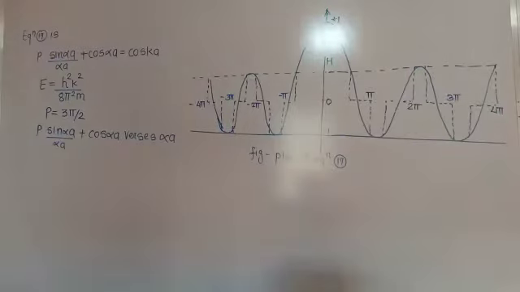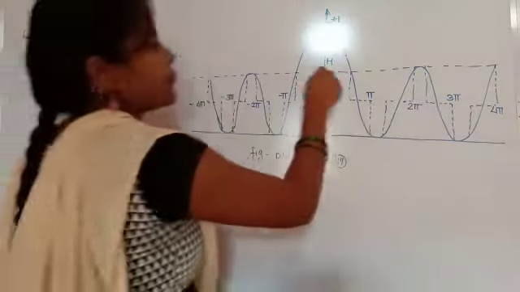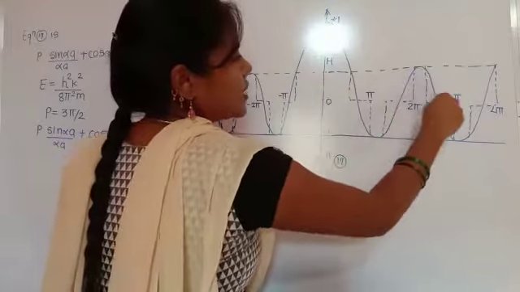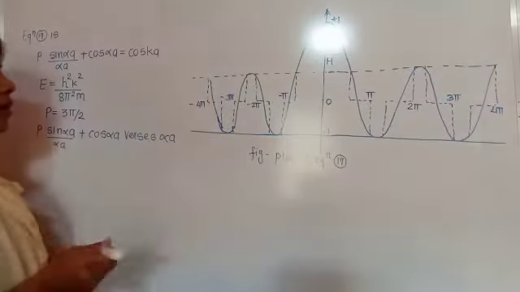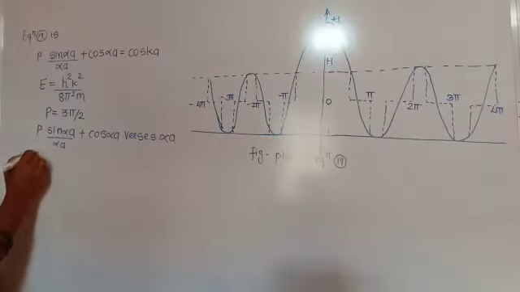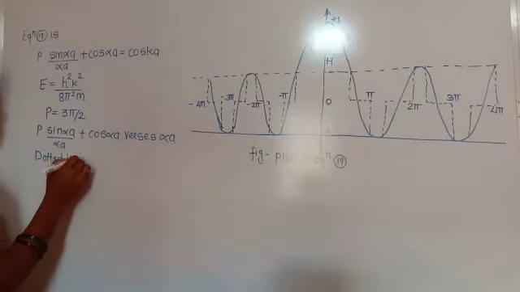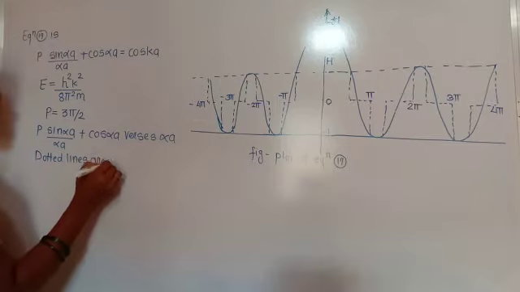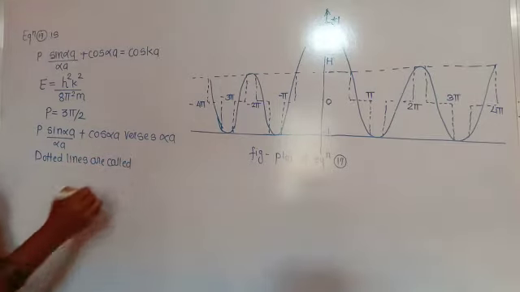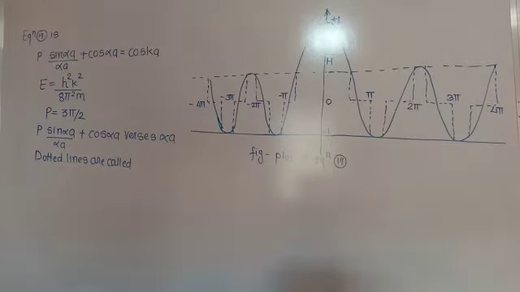They are separated by intervals in which there are no energy levels, shown dotted. These dotted lines have no energy levels, so they are called forbidden regions or bands.